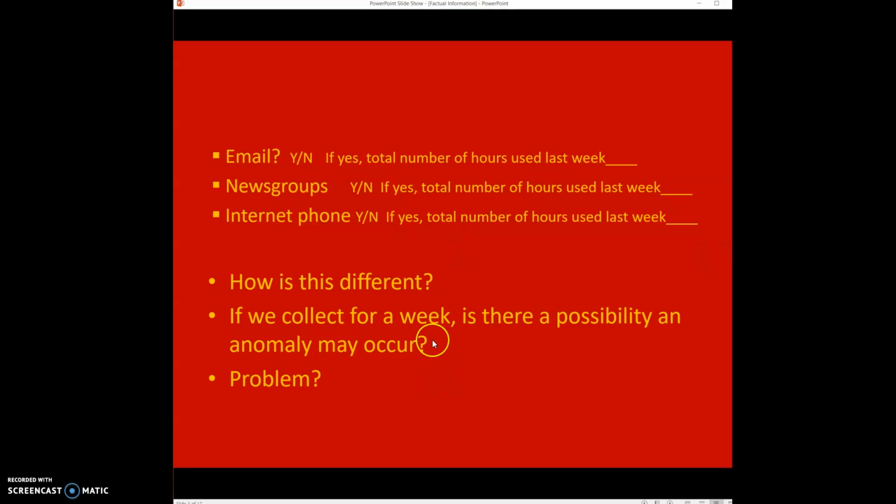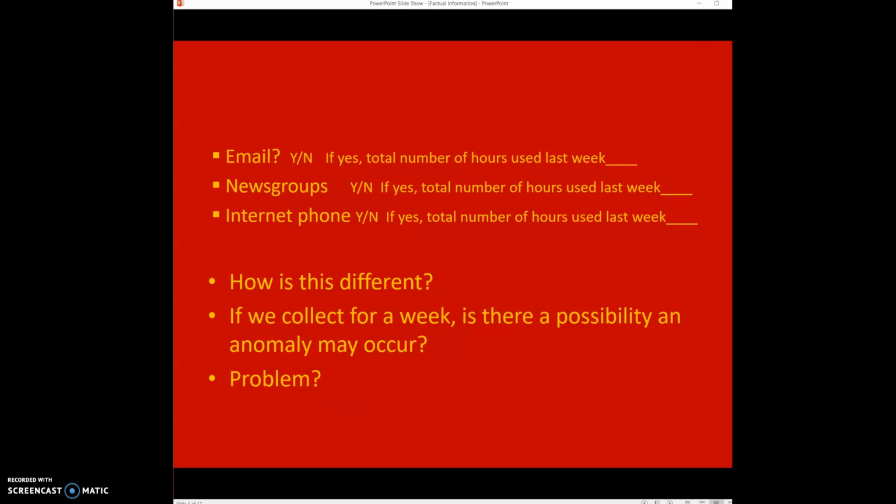There's a chance that on this one, you're going to have an anomaly, where people had an unusual week that was really, really high or really, really low. But by and large, this ought to be fairly accurate. The other problem that may occur is if you're trying to look at an average window of time and something recent has happened that's not average.